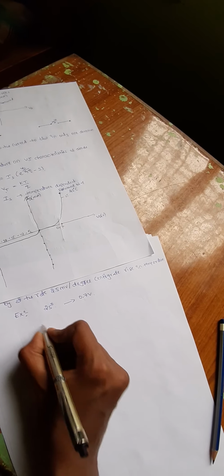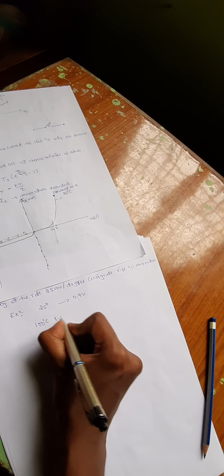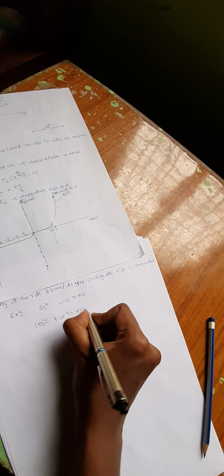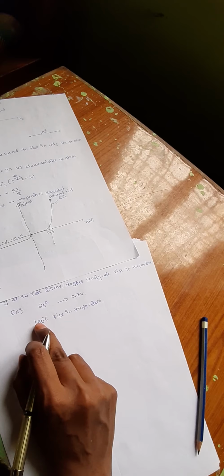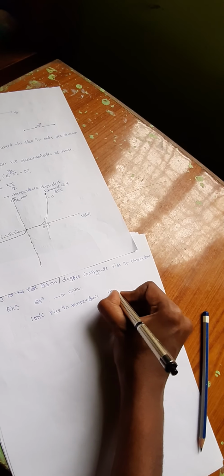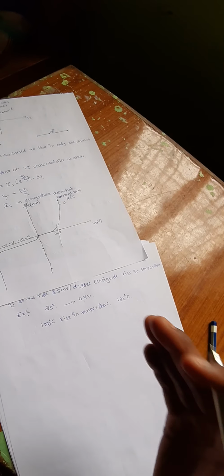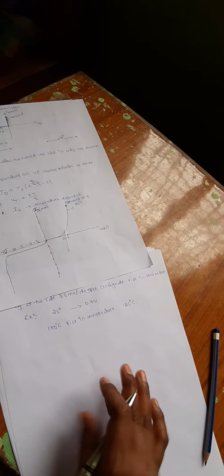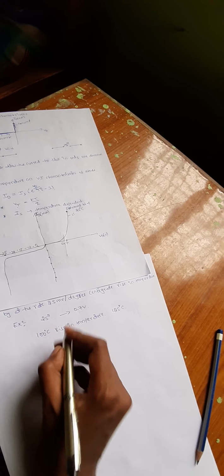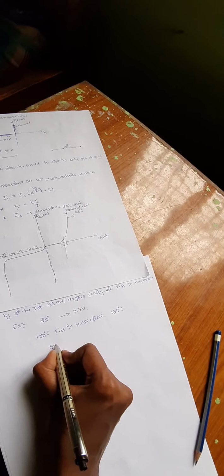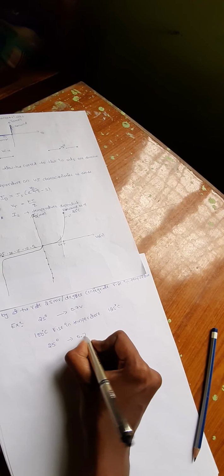Now let us consider a 100 degree centigrade rise in temperature, which is 125 degrees in total. If you increase the temperature by 100 degrees centigrade, what is the value of the voltage? For 25 degrees, the value is 0.7 volts.